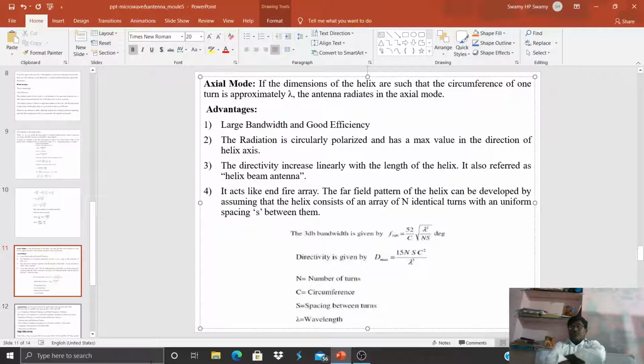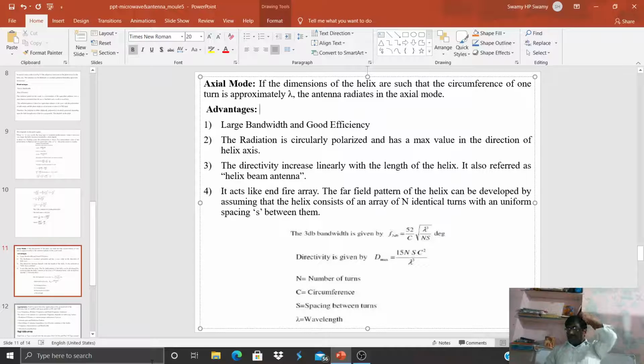And then the fourth advantage is that it acts like an end fire array. It acts like an end fire array because one antenna's other end is the first antenna, other end is the second end. Second antenna, first end is fixed. Second antenna, second end. Third antenna, first end is fixed. Like that, an end fire array is arranged. So it acts like an end fire array.